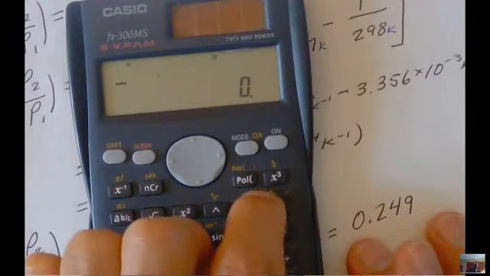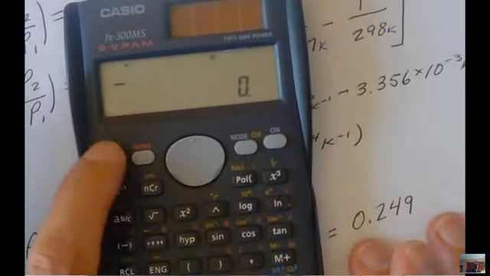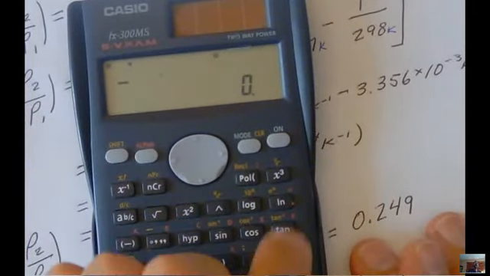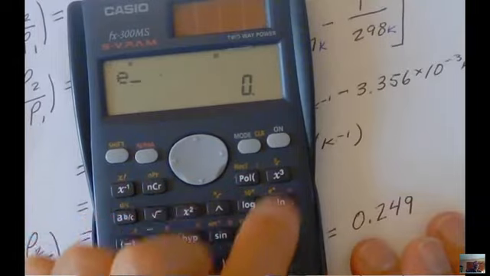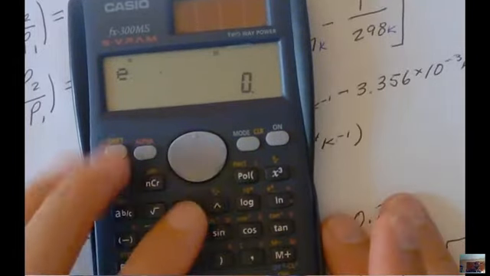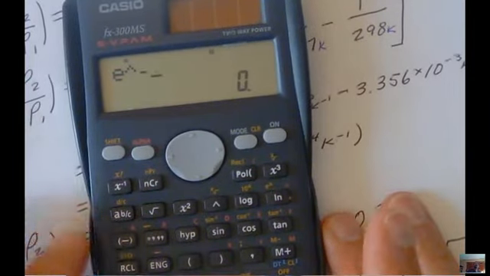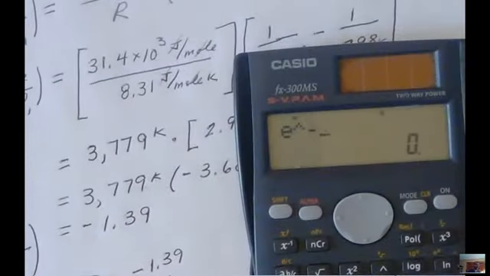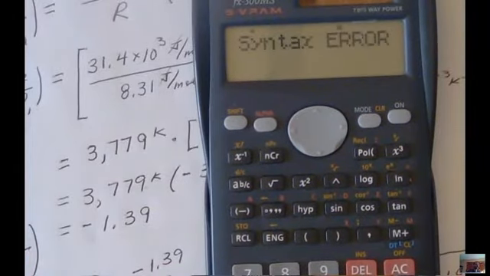On my calculator here, maybe I gotta shut the light off for you guys, make it bigger. ln is the natural log, here's e to the x. So what I'm gonna do is hit shift ln, which will give me the little yellow e to the x, so I get e, and then all I have to do is raise it, so a little caret sign, change the sign to negative, raise it to the negative 1.39. Let's try that.